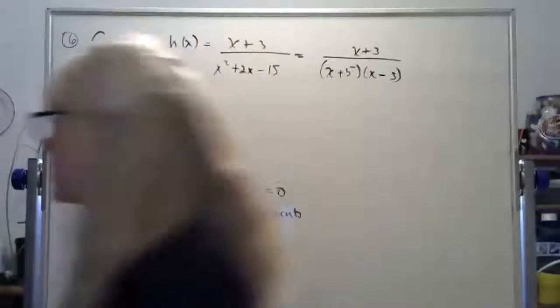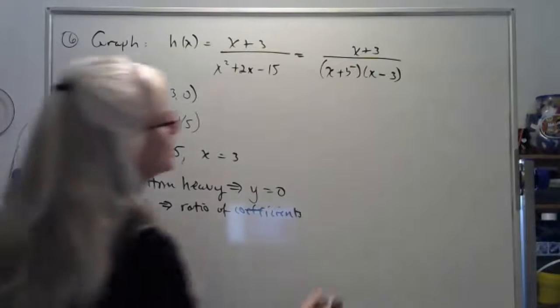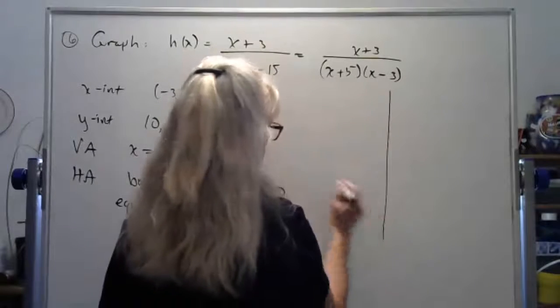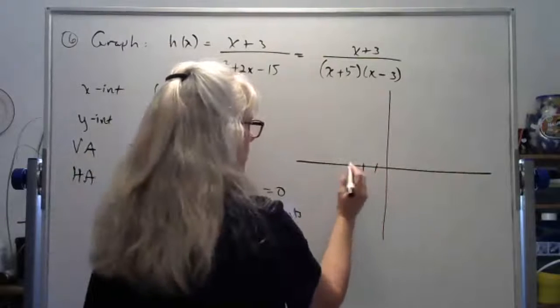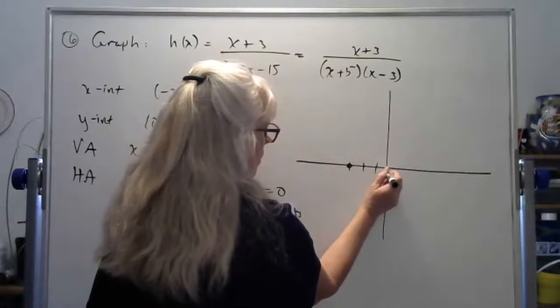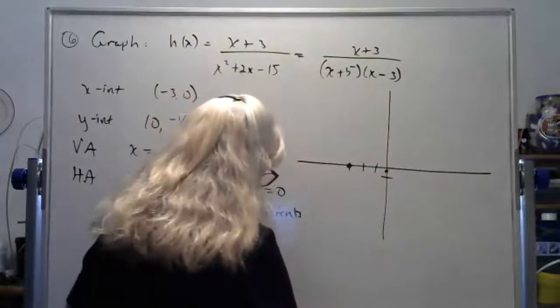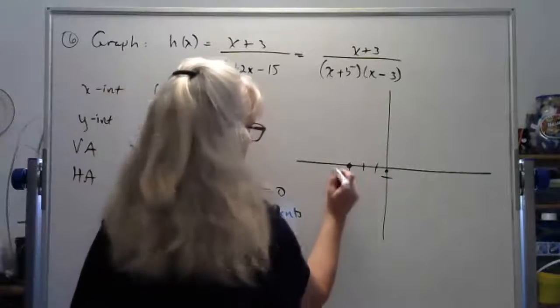So it wouldn't be on the exam. Okay, that's all our background information. Let's go figure out what we've got. So -3, -1/5, a vertical asymptote at -5.